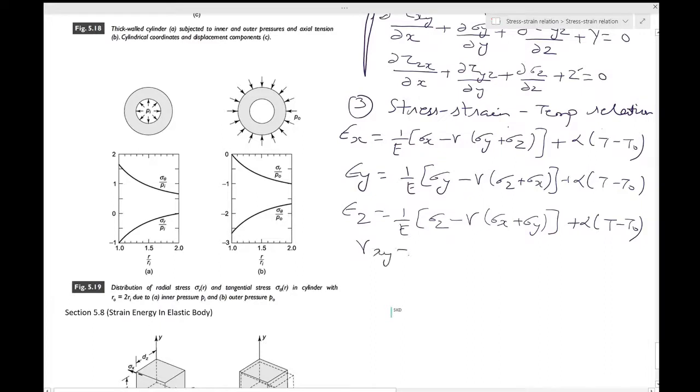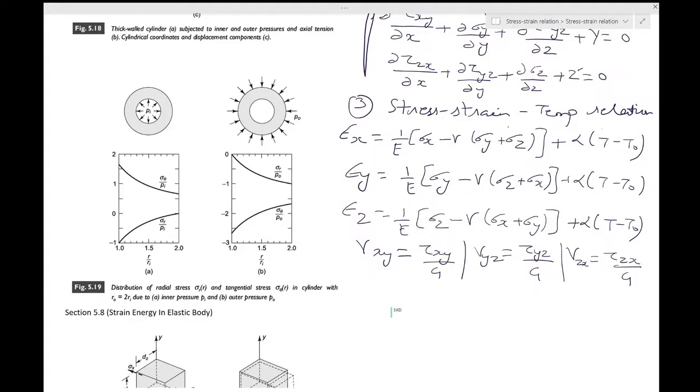Gamma xy is equal to tau xy by G. We had derived all of it. If you remember, you should be able to show a derivation if ever asked. You should be clear of the steps and the reasoning which were included in those arguments.